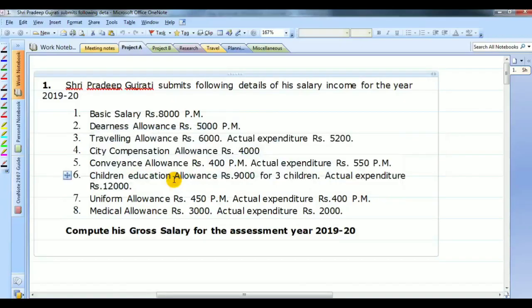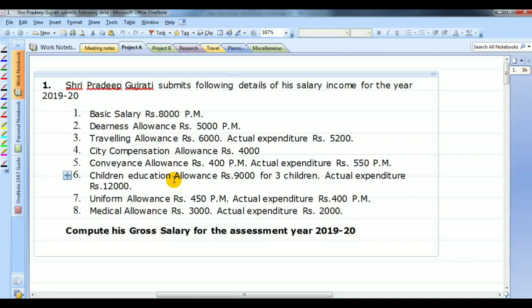The next thing which is given in the sum is dearness allowance. Now, before we start discussion on allowances, I will just like to shortly introduce the allowances to you. There are two types of allowance. One is the allowances which are received in professional capacity and second, the allowances which are not received in professional capacity.